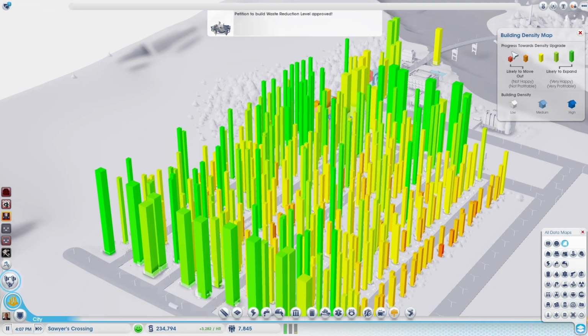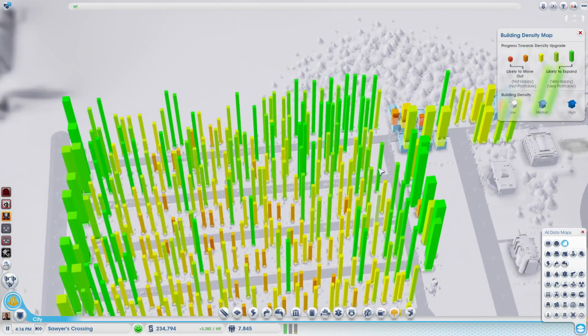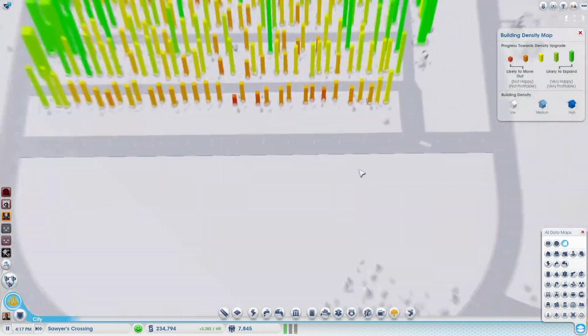If it's kind of that orange color, they're more likely to move out of your city. And as you progress from orange to a yellow to the lime green to the darker green, they're more likely to expand.